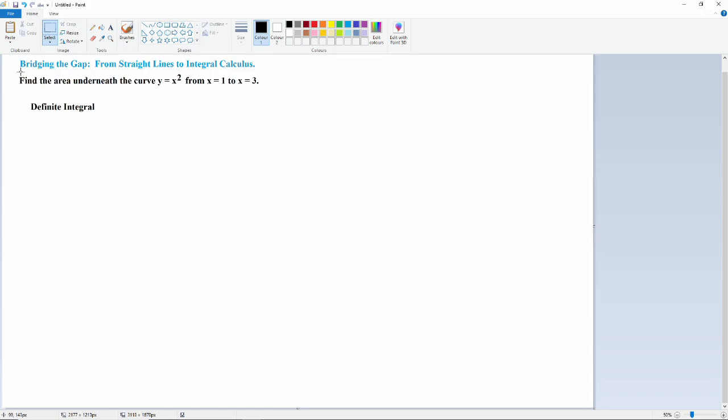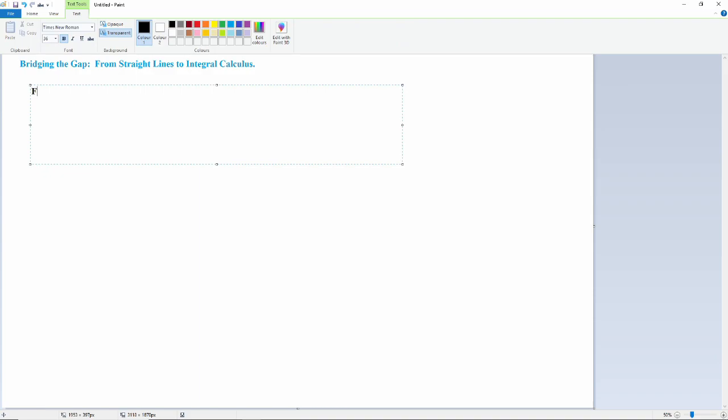Let's work an example just to get some practice going. Find the area under the curve. Let's say f of x equals 2x plus 1. Nice and straightforward.